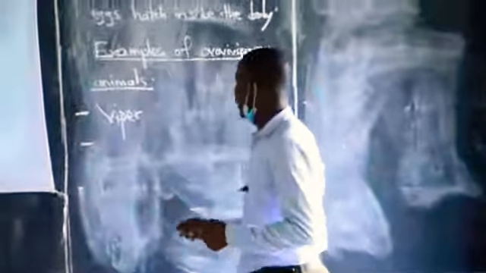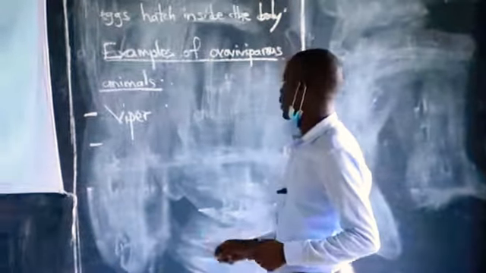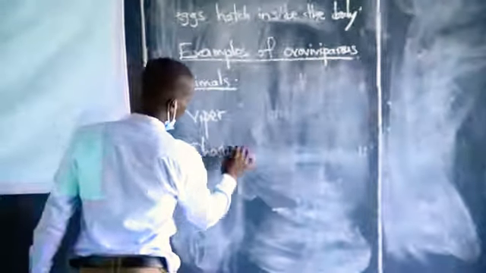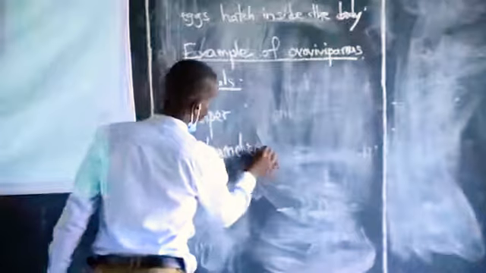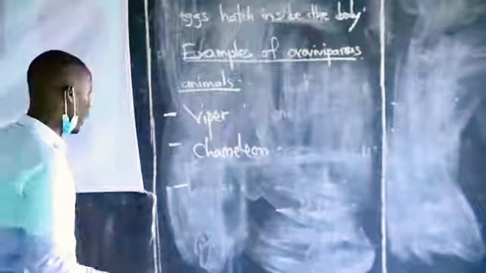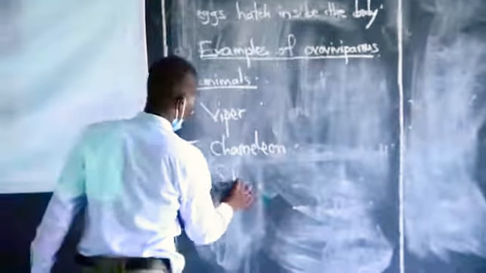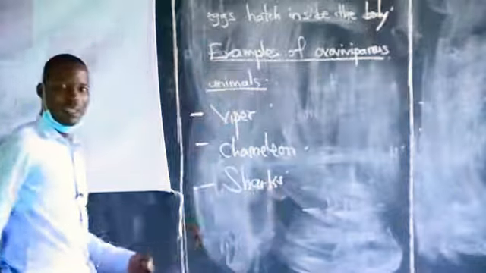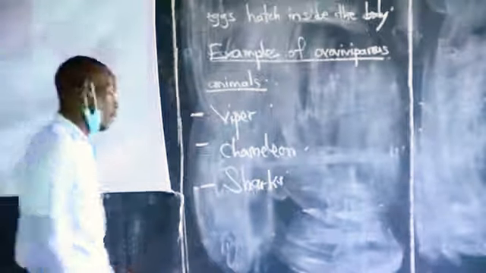If you go on here, other animals, chameleons, can also be grouped under viviparous animals. Look at some fish, like sharks. Sharks also, their eggs hatch inside the body, and then we just have the young one later.